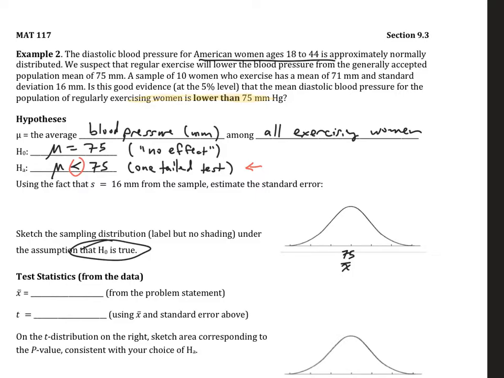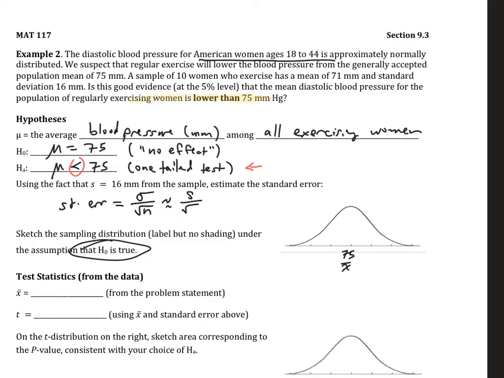Now, to label it, I also need to know what the tick marks are, how far apart the tick marks are. And just like before with proportions, that's called standard error. So I need standard error equals, the exact formula is this, sigma over the square root of n. We're generally not going to have sigma in front of us.